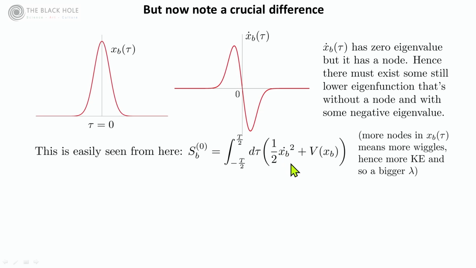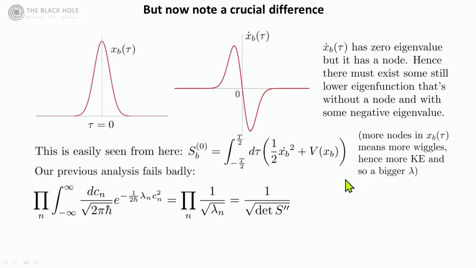See, even the sign doesn't matter. It's xb dot squared, and hence there's more kinetic energy. And so that means that there has to be a node which is below the 0 mode. In other words, you've got to have a negative lambda.